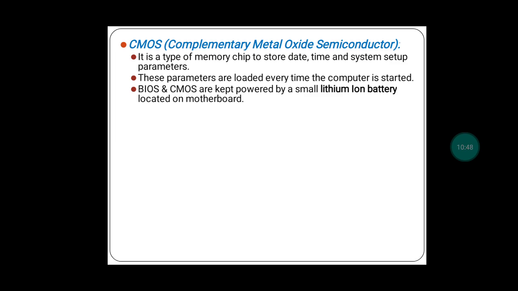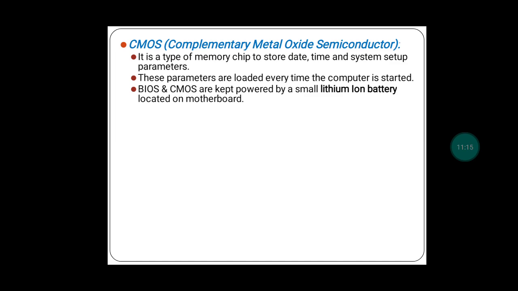If we switch off the computer system and everything is off, the time will not show its real data. So these CMOS and BIOS chipsets are kept on using one battery, that is a lithium ion battery, which is located in some place on the motherboard.